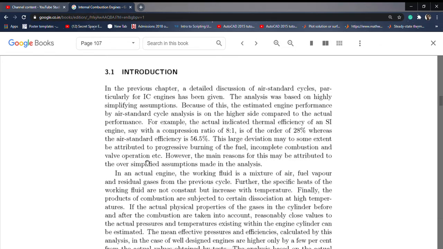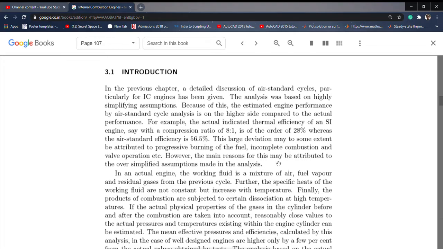And you can see valve operation, because in actual engines the valve will take some time. In air standard cycles we assume that the valve will open instantaneously, but in actual engines the valve will take some time. There is a friction factor also, lag also.